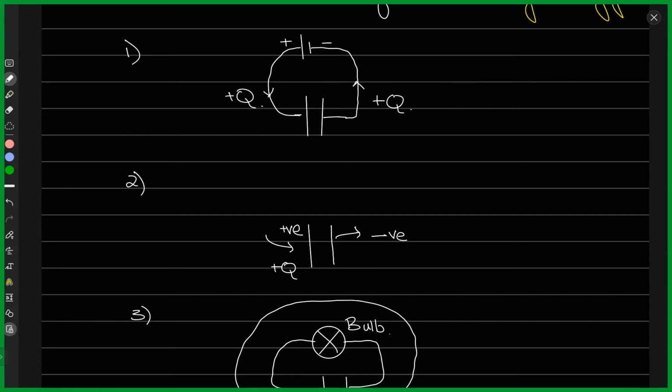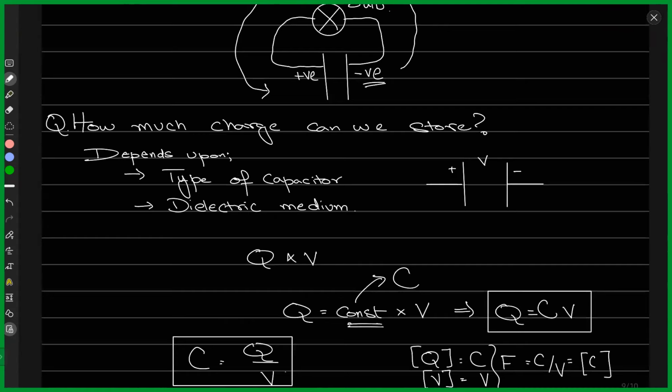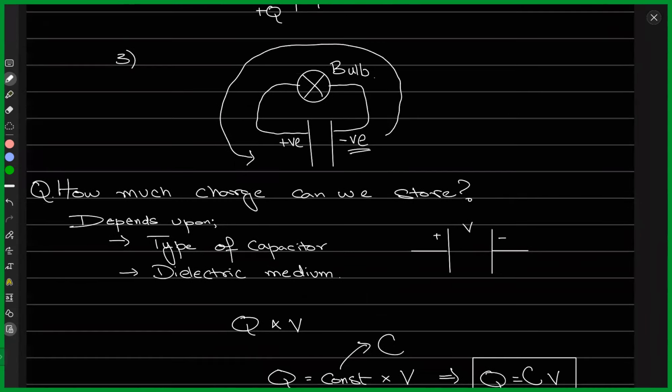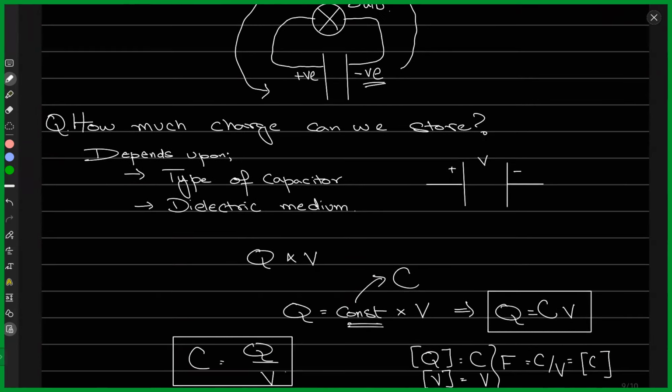And we can talk about this energy stored in a capacitor. Actually, in fact, that's something that I wanted to just clarify before I proceed further. And then we talked about how much of a charge we can store in the capacitor.